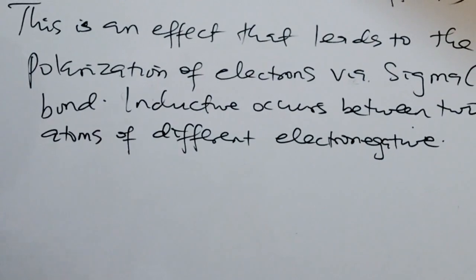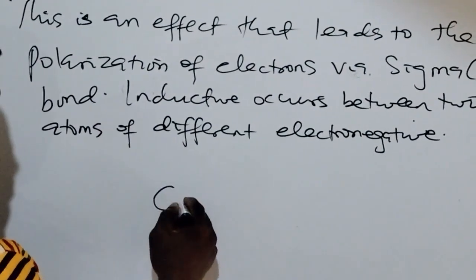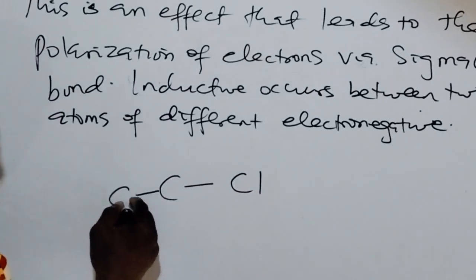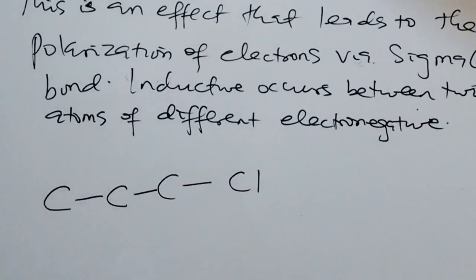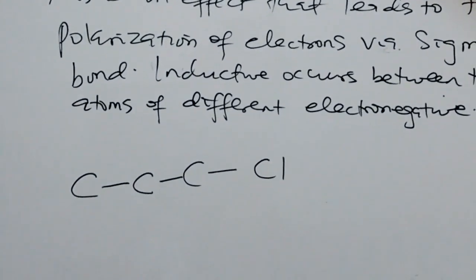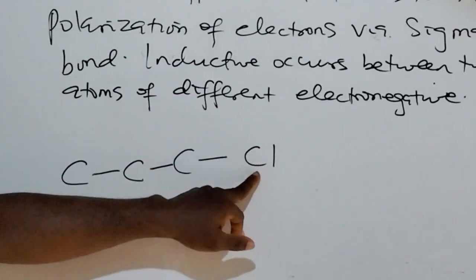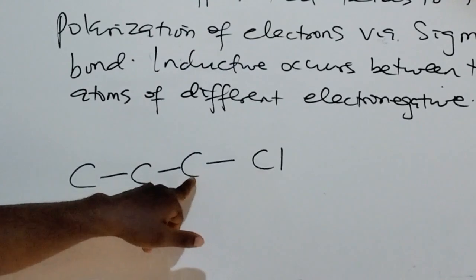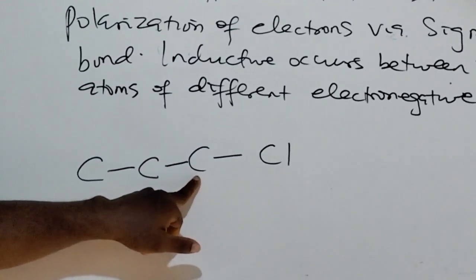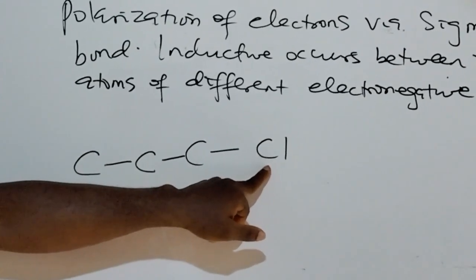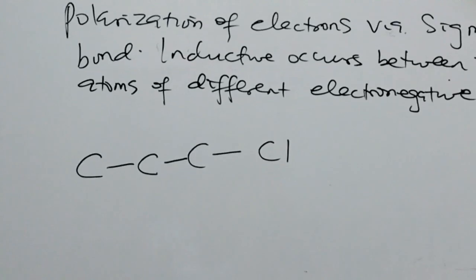For instance, let's look at carbon linked to chlorine through a sigma bond. So look at this structure. Here we can talk about inductive effect because chlorine has a greater electronegativity compared to carbon. Remember, for your basic chemistry, chlorine is in group 7, is a halogen, and halogens are the most electronegative elements.